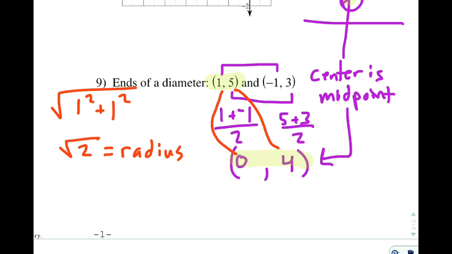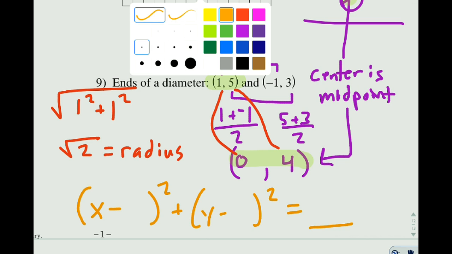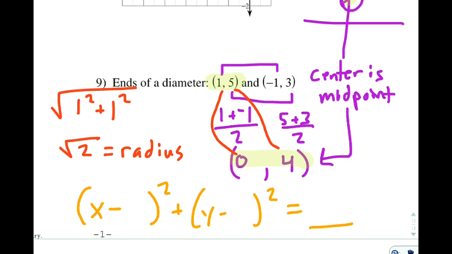To plug it into my circle formula, I'm always going to take x minus my x coordinate squared plus y minus my y coordinate squared is equal to my radius squared. Let's plug in those pieces. X minus my x coordinate, x minus 0. Y minus my y coordinate is y minus 4. My radius squared, if we were to take the square root of 2 and square it, is just 2.